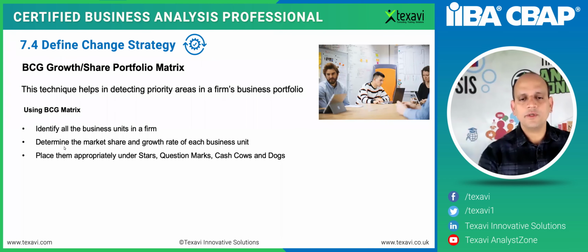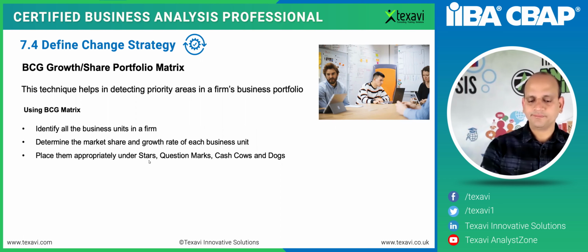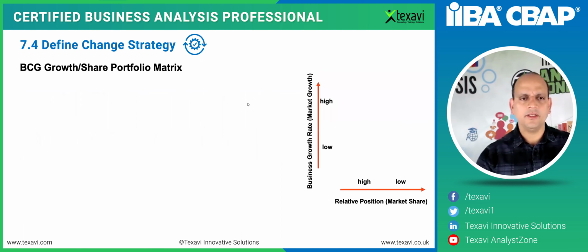Then you plot your products, and according to how they are positioned, you can determine whether a product is a star, a question mark, a cash cow, or a dog. I think you would have done this in your MBA, but pretty much what we did there is what we will try and learn here.